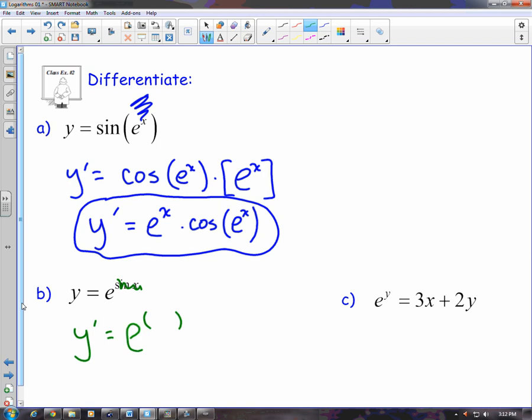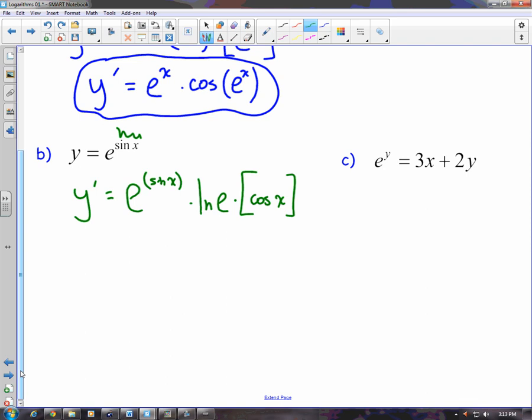I'll write it in here in this example just so that we see it. Multiplied by the derivative of that something. And so now let's peel that back. So it's e to the sine of x times the natural log of e times now the derivative of sine x, which will be cosine x.